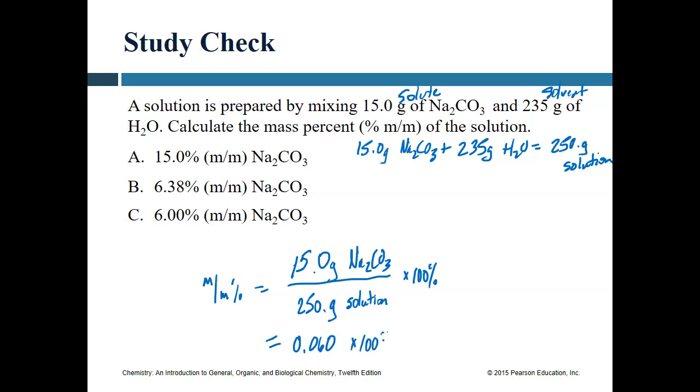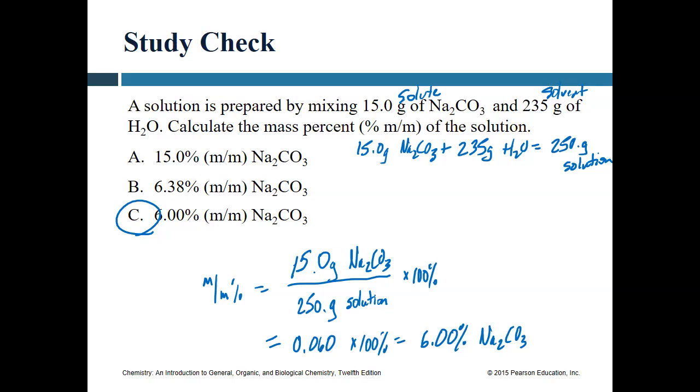Multiply that by 100, and I would get 6.00% sodium carbonate, which would be letter C.